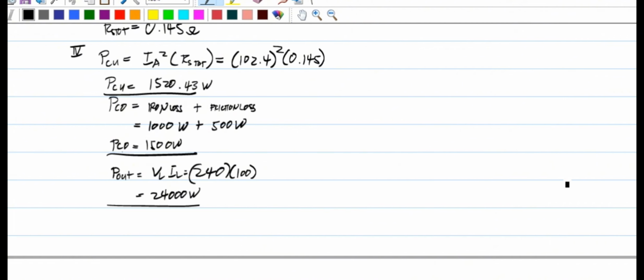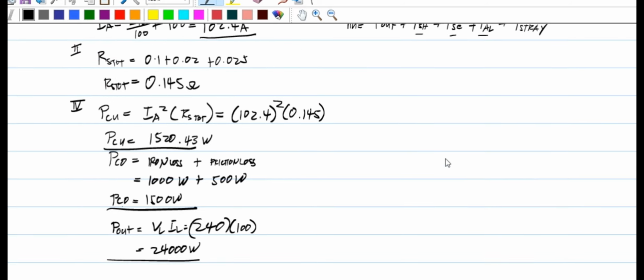Now we can find the P in, step 5. P in is equal to P out plus PCO plus PCU.